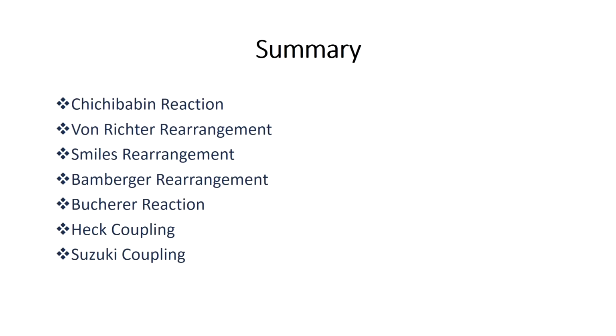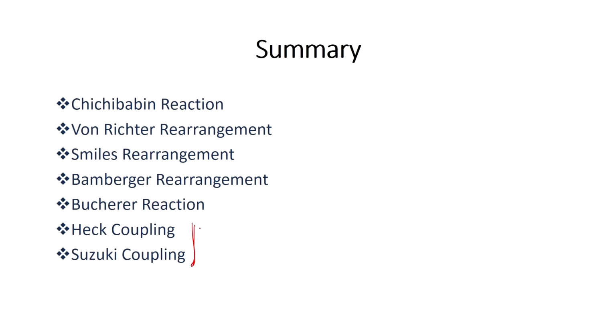However, with respect to the mechanistic aspect, it is a very useful reaction. Then we have seen the Smiles rearrangement. If you have a good leaving group like sulfone, and a good nucleophile, in the presence of base, it can undergo a substitution reaction. Then we have seen the Bamberger rearrangement, followed by the Bucherer reaction.